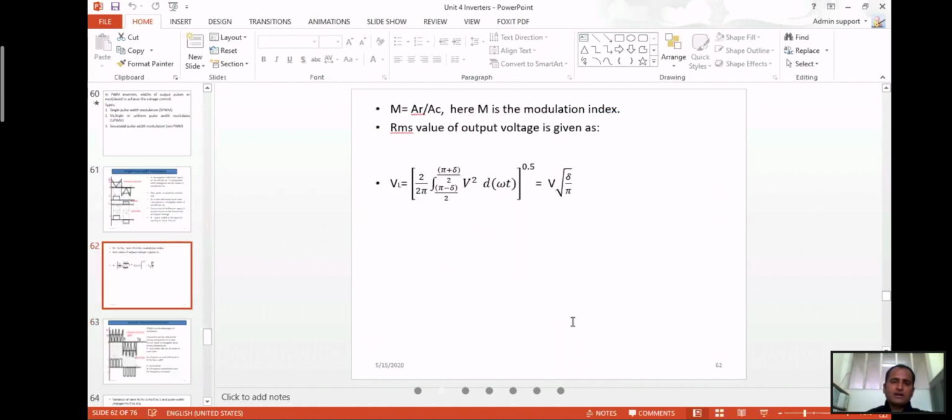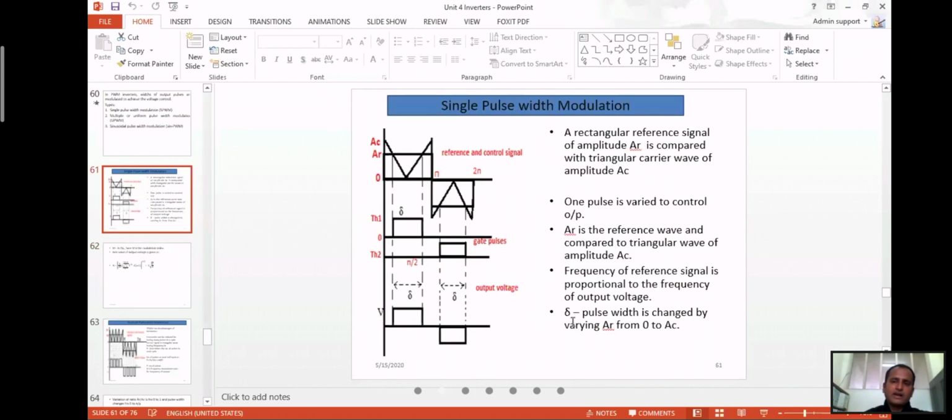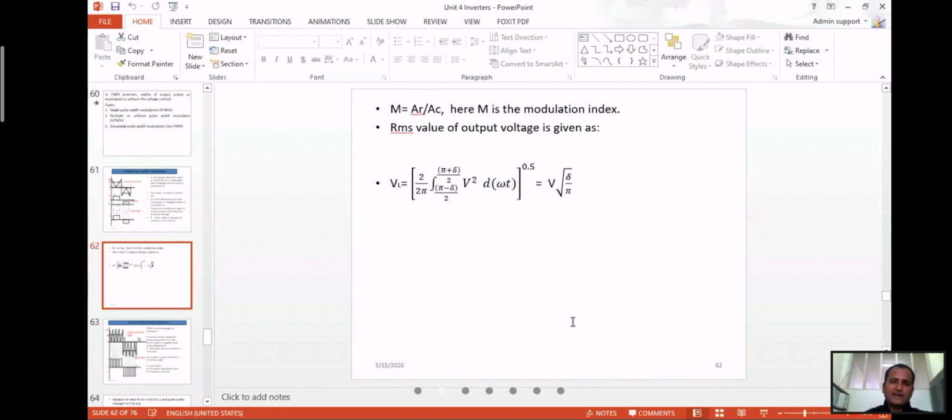Modulation is a process where we mix the reference signal with the carrier signal, so we can find out the RMS value of the output voltage.